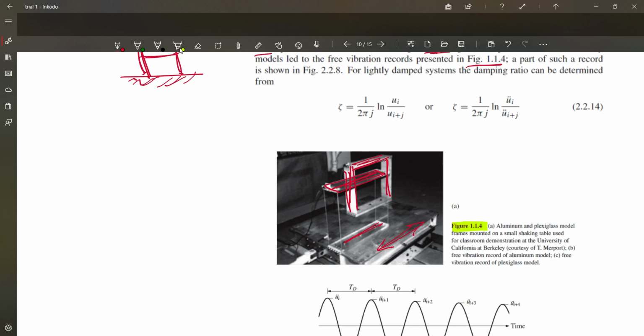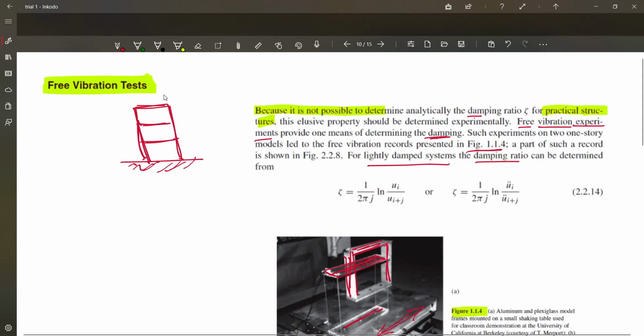After shaking these models, we can determine the damping ratio for them. We're talking about a lightly damped system, because we need it to be similar to buildings, so for any building, as we said, it should be less than 0.2.